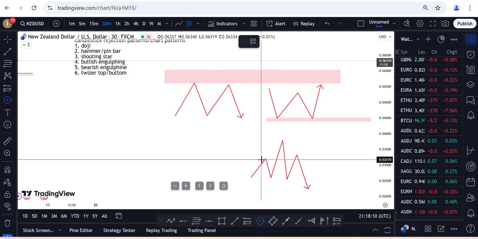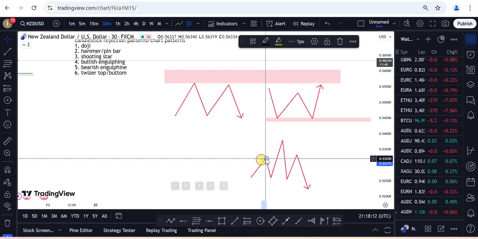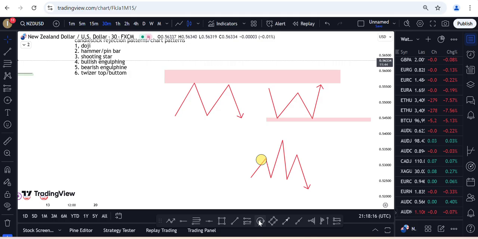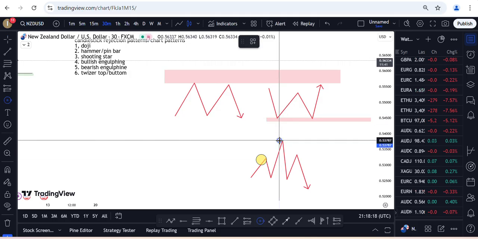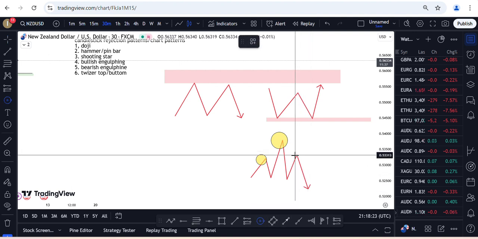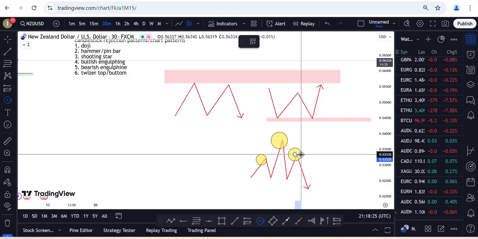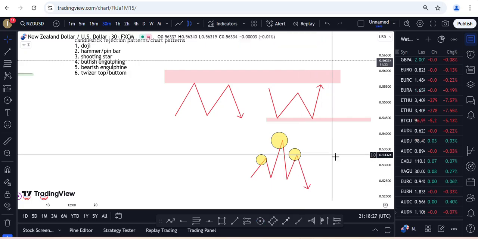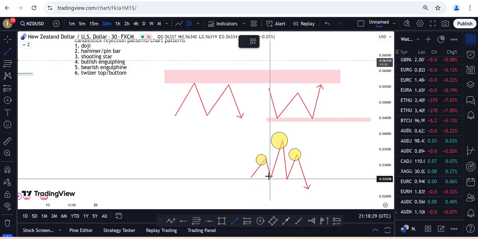Label it. This is the first shoulder. Then this is the head. And this is the second shoulder. Don't worry, we'll go into practical to understand how to use all of this. Then this area is the neckline. This is the neck.